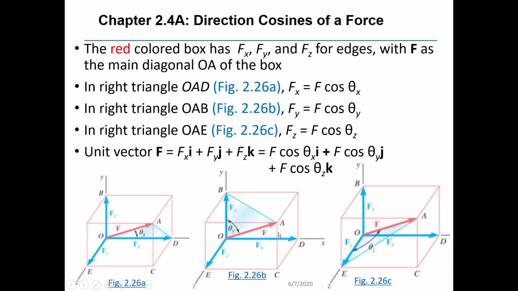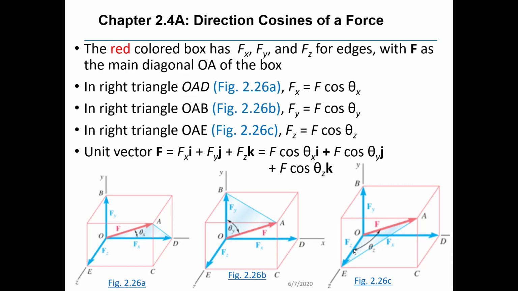And in right triangle OAE of figure 2.26, f sub z is equal to f times cosine theta sub z.